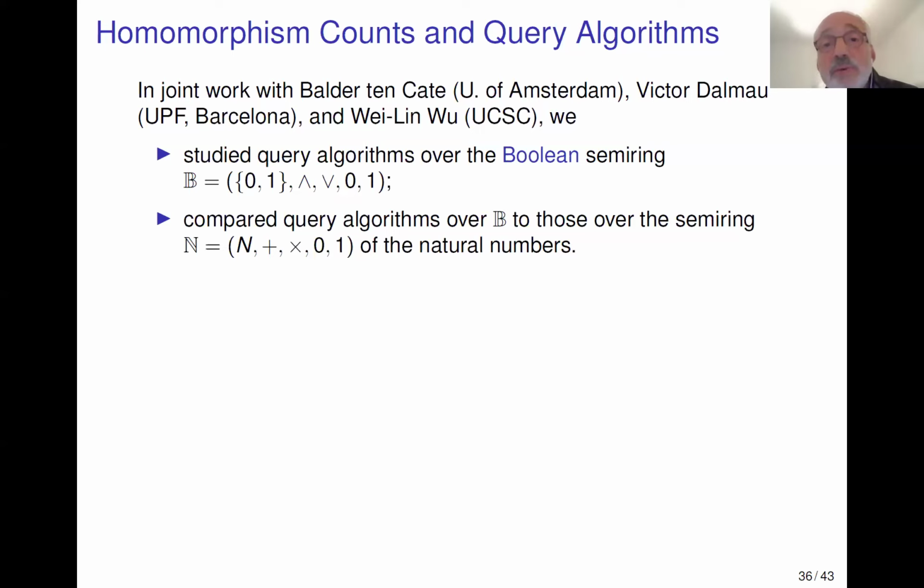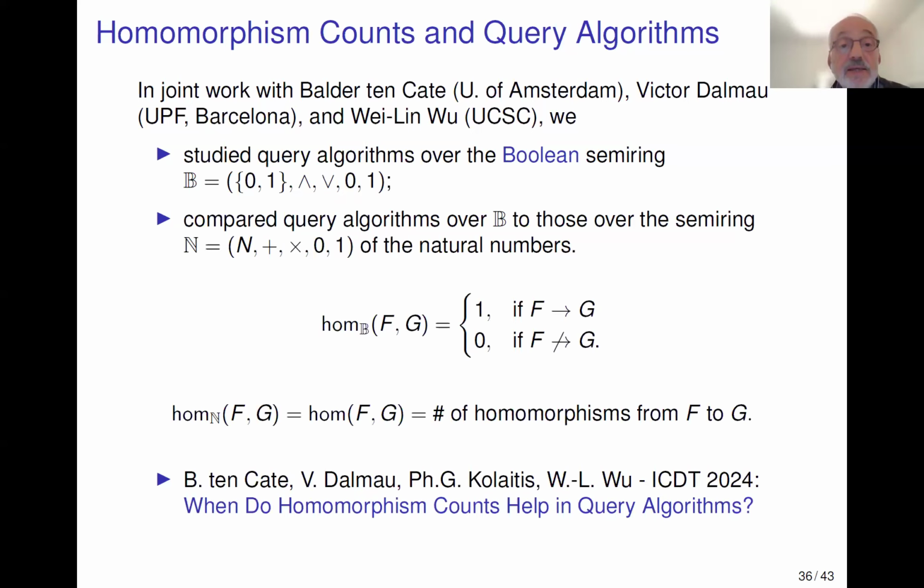So in joint work with Balder ten Cate, Victor Dalmau, and my student Wei-Lin Wu, we studied last year query algorithms over the Boolean semiring and compared them to query algorithms over the semiring of the natural numbers, which was the Chen, Flum et al. setting. What do I mean by homomorphism counts over the Boolean semiring?